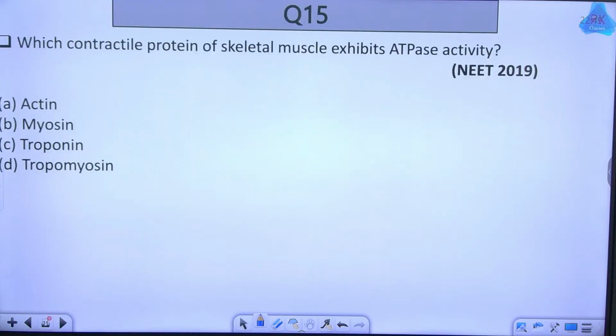Which contractile protein of skeletal muscle exhibits ATPase activity?